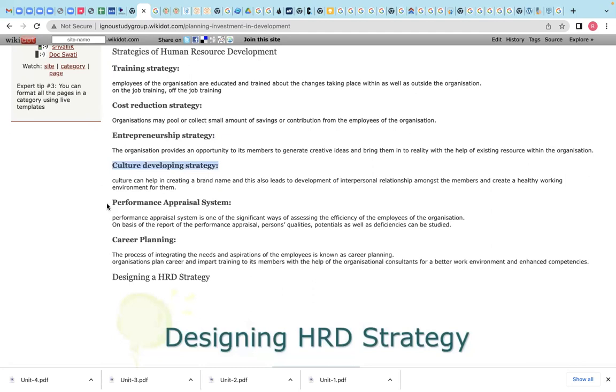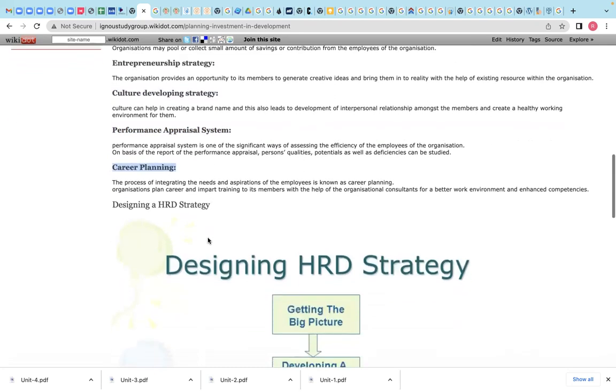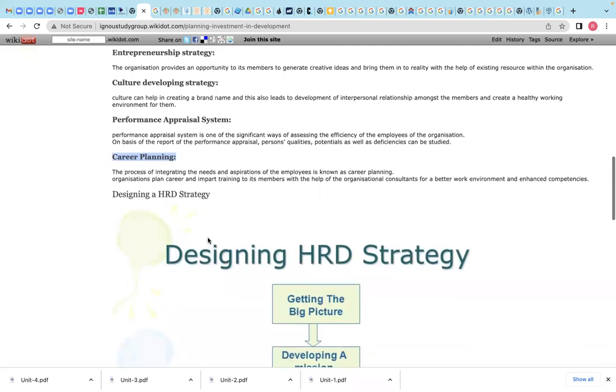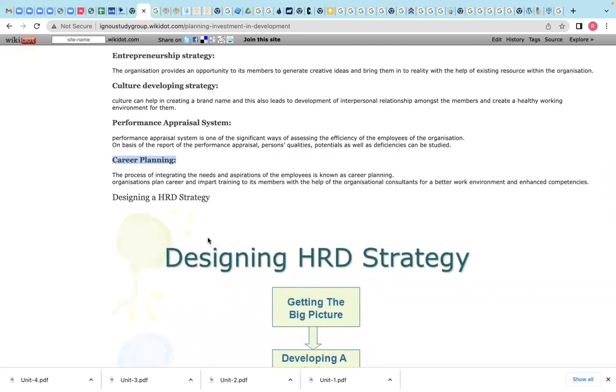Here you are trying to cultivate the right culture required for the organization and the person. Then the performance appraisal system, which we read about earlier. The last is career planning. This word is also very evident: you are going to help people plan their careers, how exactly their careers should go on.